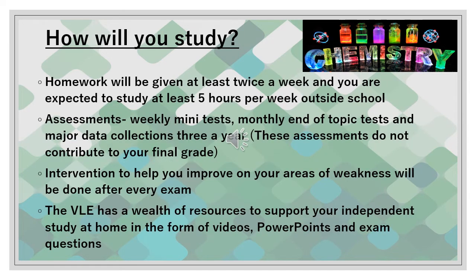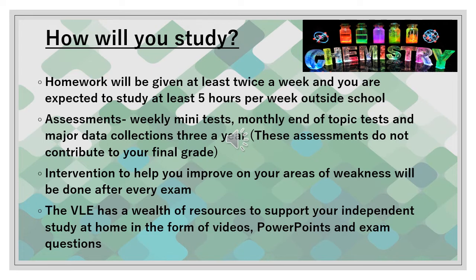So I've mentioned A-level chemistry is much more difficult than GCSE, so what do we expect from you and what can you expect from us in terms of helping you to achieve your grades? So the first thing is, obviously we've got 5 hours of chemistry a week, but we are expecting you to do at least 5 hours per week outside of school as well.